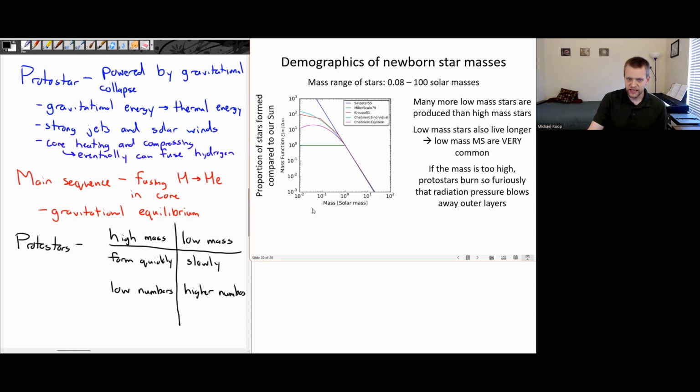There's actually a limit on how high mass these stars can be. Remember how I said that for protostars, they can have these strong jets and solar winds that eventually push away material.